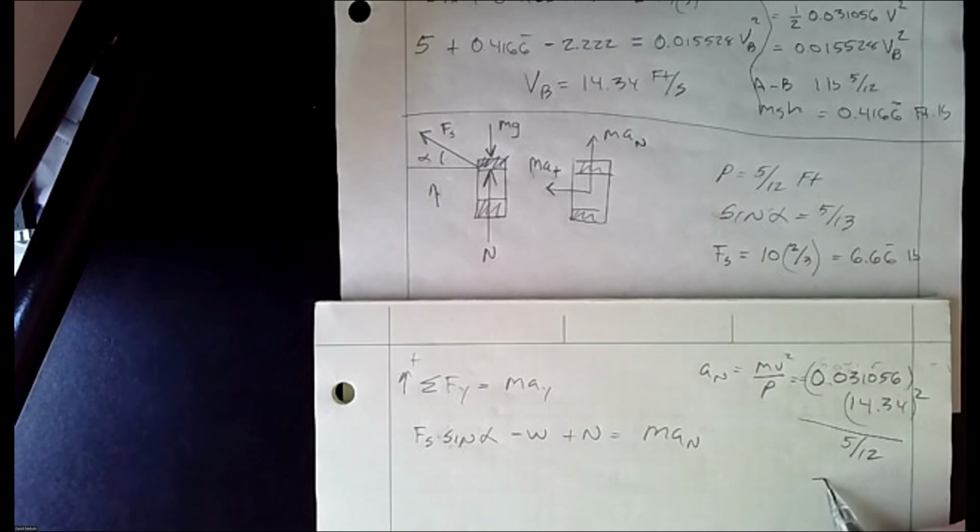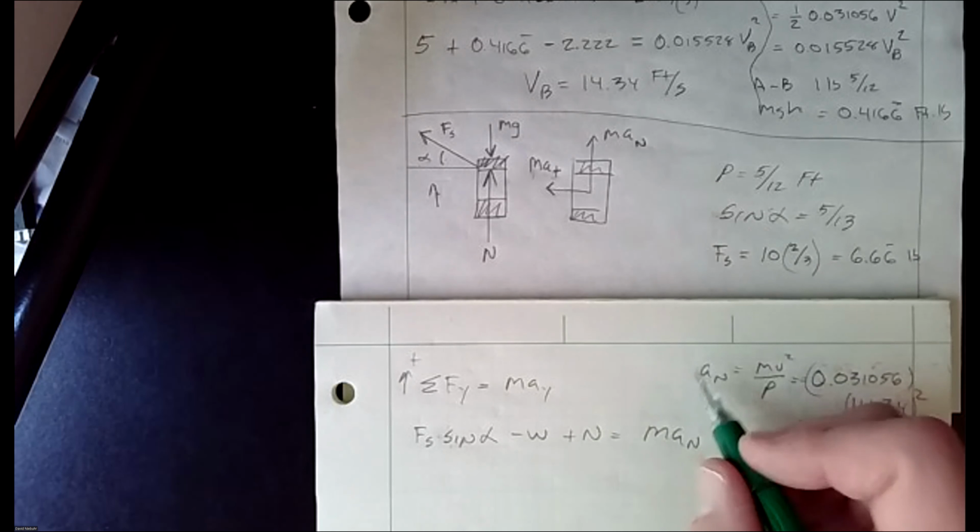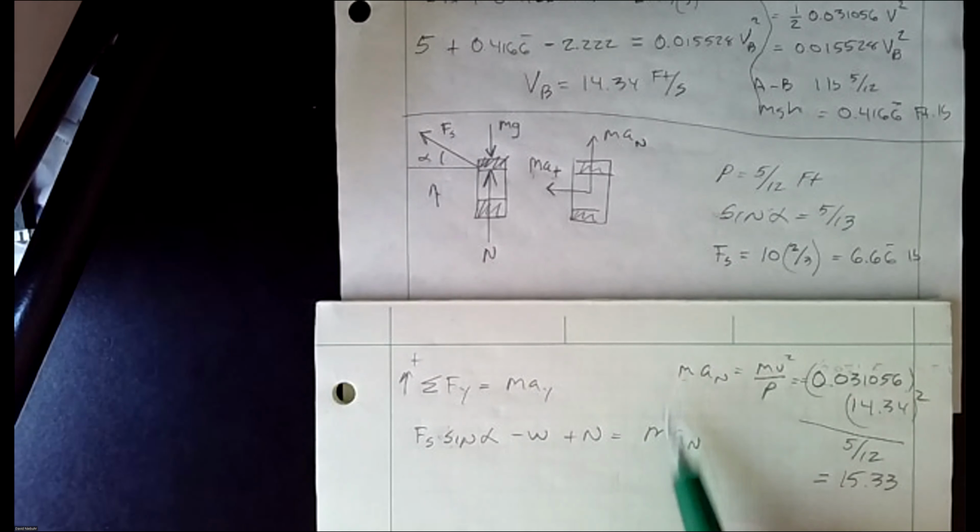This gives us a value of about 15.33. So that's what we're going to say is our m a_n. So m a_n equals 15.33.